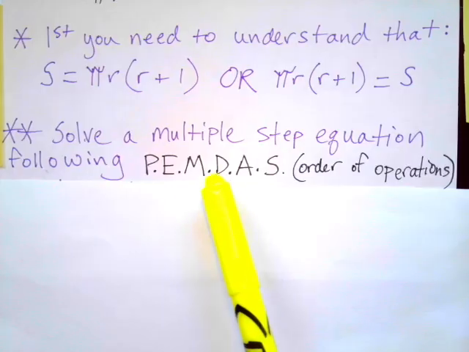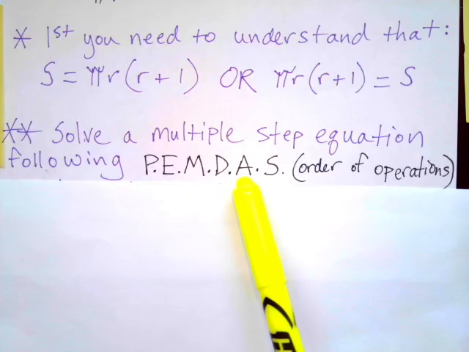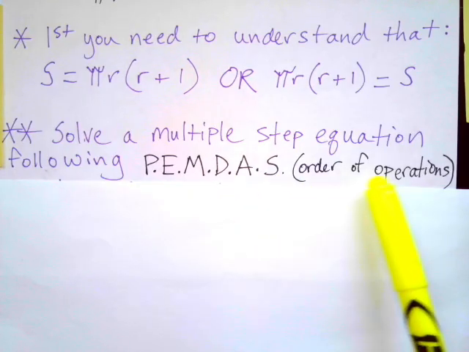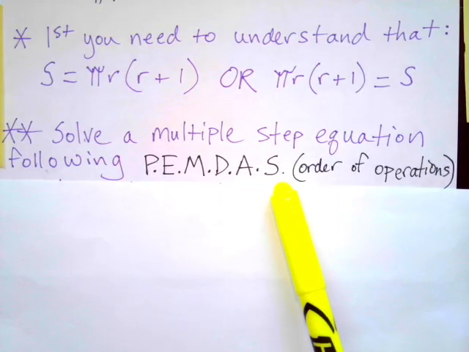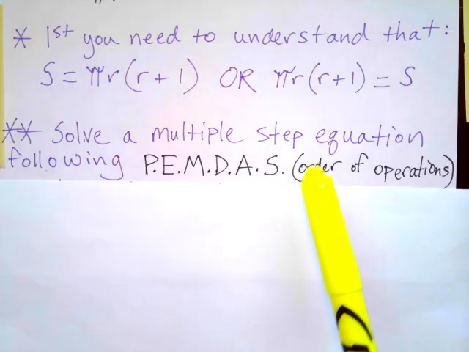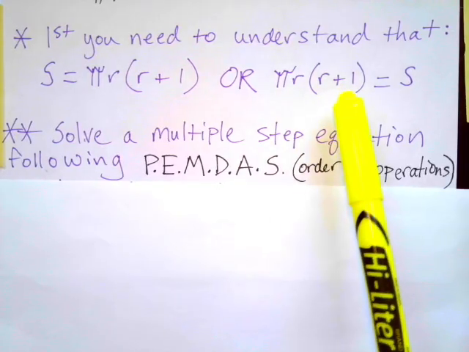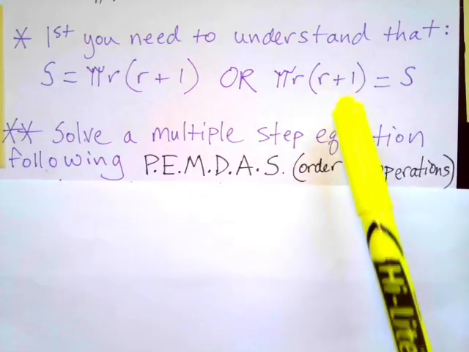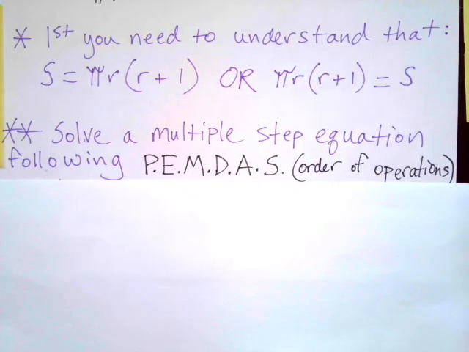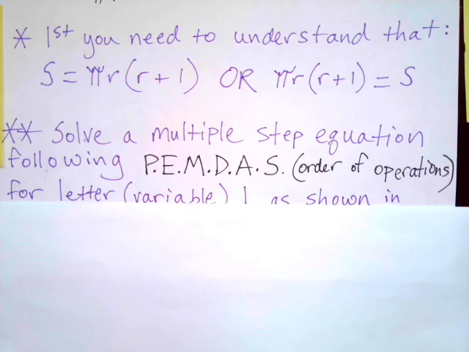Please excuse my dear Aunt Sally: parentheses, exponents, multiply, divide, add, and subtract. We're going to follow that for each and every step, in this order, and that will help you to isolate the slant height variable that you see here. And then you'll choose A, B, C, D, or E, whichever one is best.